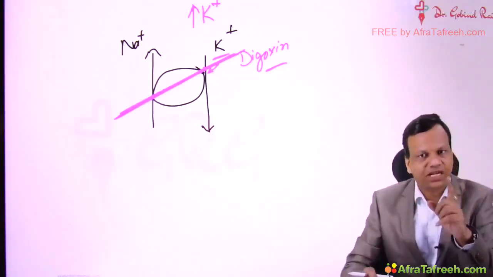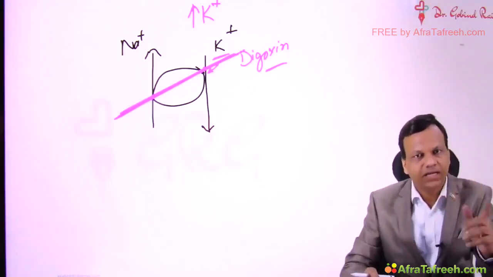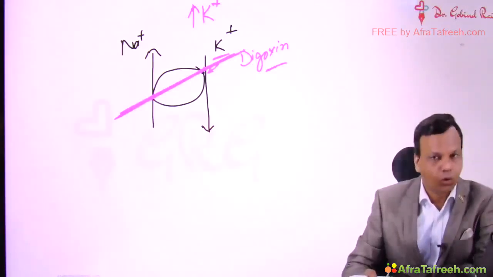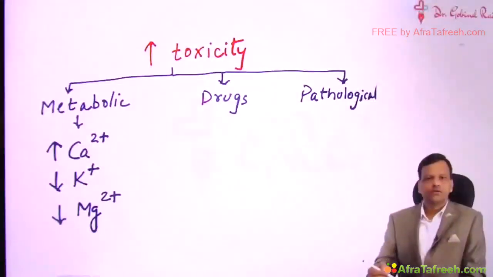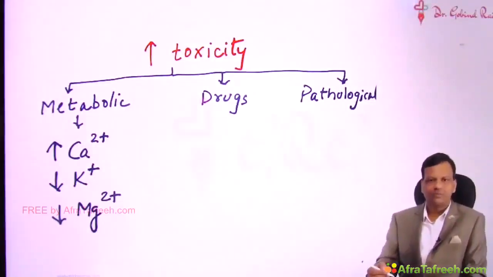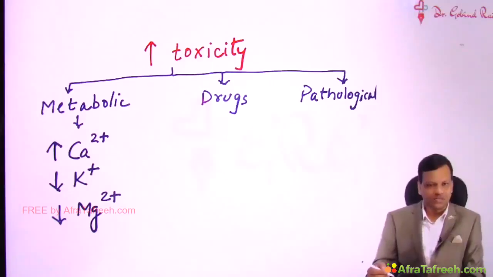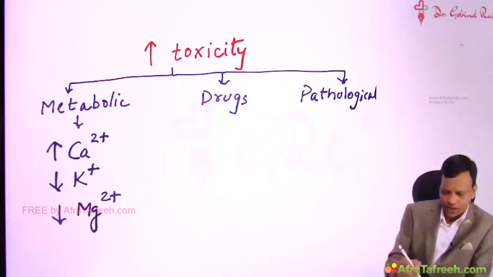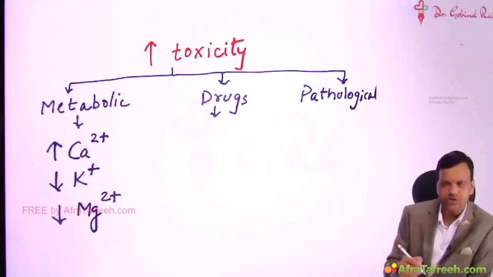Hypokalemia will precipitate digoxin toxicity, but in toxicity there will be presence of hyperkalemia. Okay. Hypercalcemia, hypokalemia, and hypomagnesemia, they increase the risk of digitalis poisoning. Hypercalcemia, hypokalemia, hypomagnesemia.